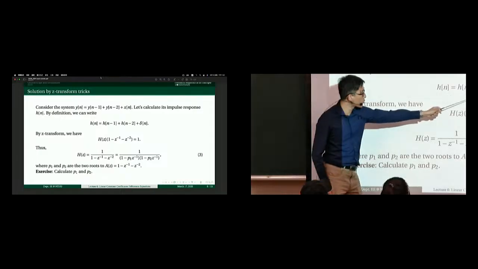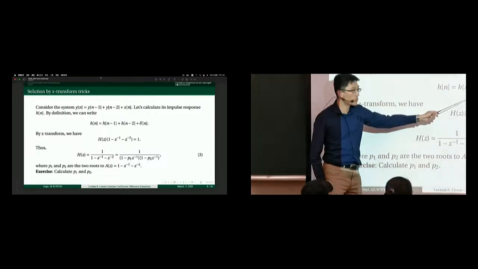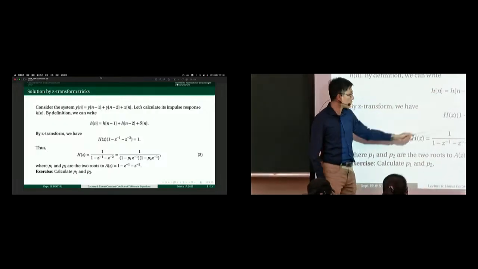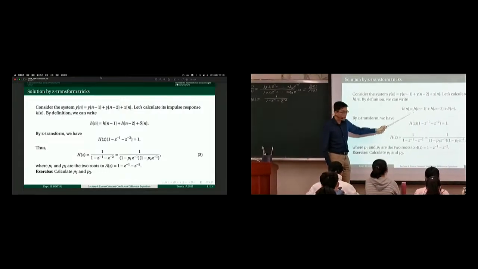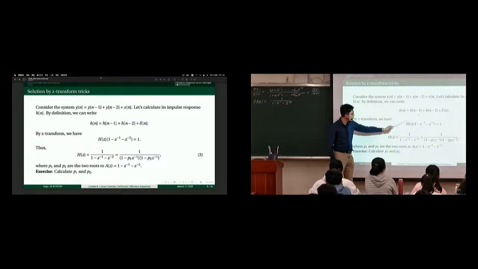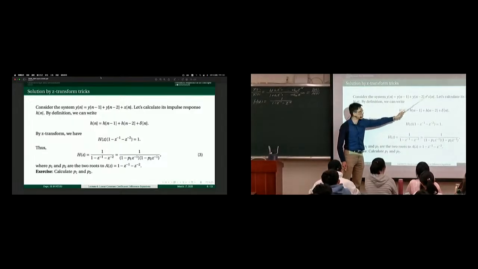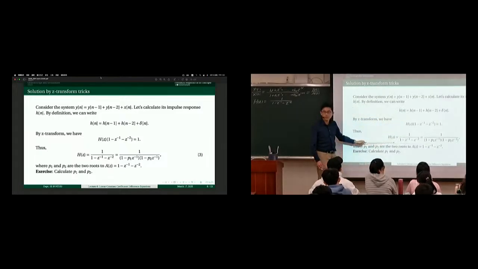Therefore we have a minus 1 corresponding to this coefficient, and a minus 1 corresponding to that coefficient. On top, we have only a single 1 that corresponds to the x of n coefficient. Okay? Everybody with me so far? One way or another, you can convince yourself that this is indeed an expression for H of z.